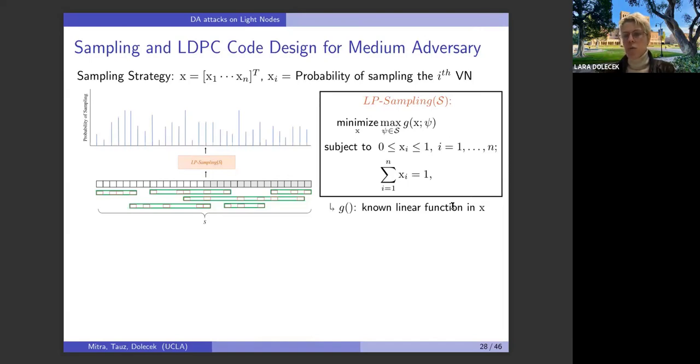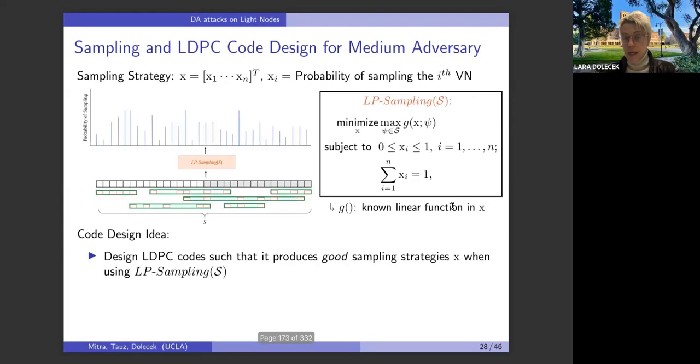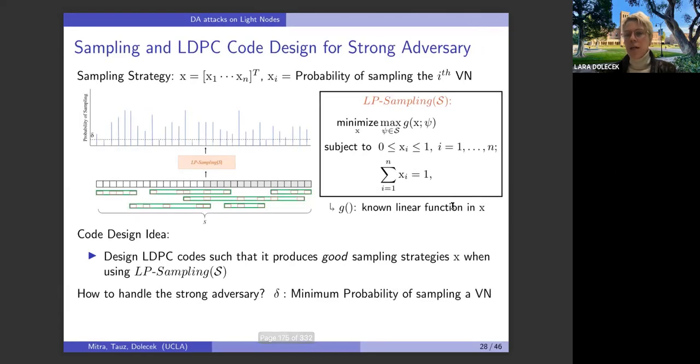And so the co-design idea is then to design an LDPC code such that it produces good sampling strategies, i.e. minimizes the probability of failure when this LP sampling is used. So this is the case for the medium adversary, and we just need to extend this for the strong adversary, where we introduce an additional parameter delta, which is the minimum probability of sampling a variable node.